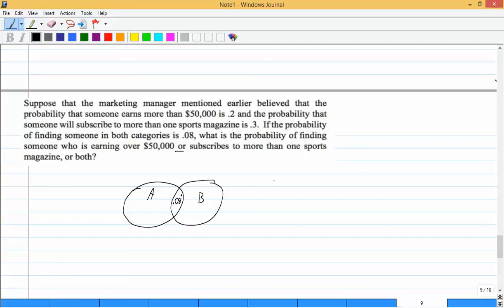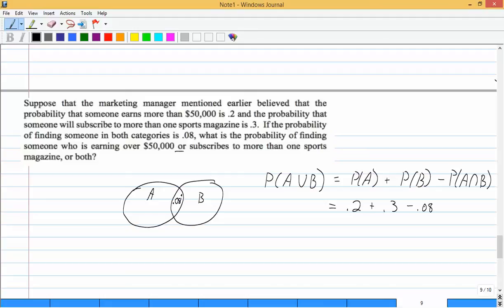Alright, so the probability of A union B equals the probability of A plus the probability of B minus the probability of the intersection of A and B. Alright, so the probability of A is 0.2 in this particular problem, plus the probability of B is 0.3, minus the intersection is 0.08.